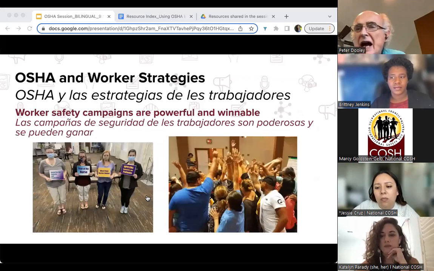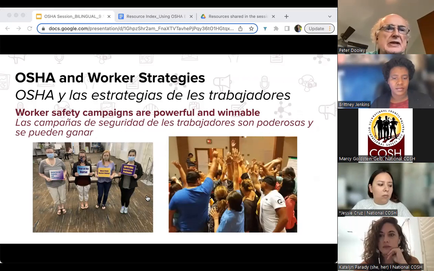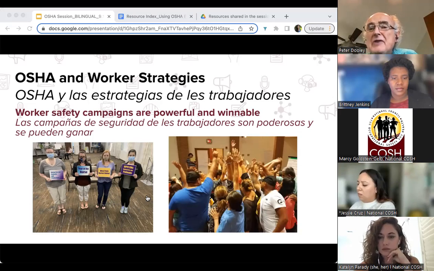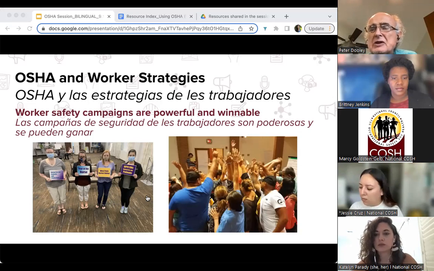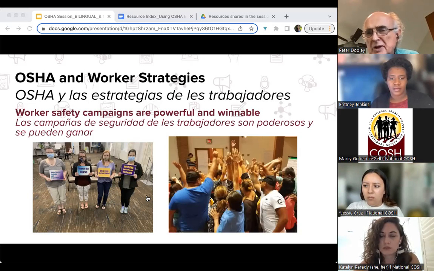So we're going to talk about 5 principles to help us in our work in how we engage with OSHA related to workplace health and safety. And the first one is this principle of how powerful safety campaigns are, and very, very winnable, in the sense that there's tremendous need throughout all workplaces to have better health and safety programs in place.